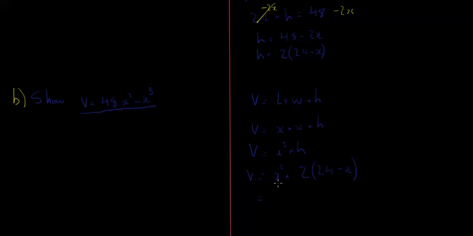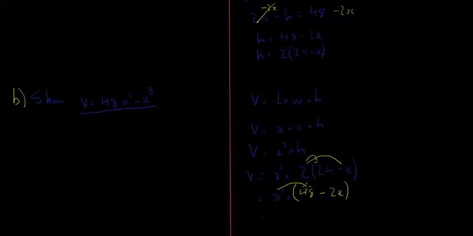So we've got x squared times 2 times 24, which is equal to 48, and then 2 times negative x is negative 2x. Then we need to expand again, well, it is an expansion, because we've got this guy ultimately in brackets.